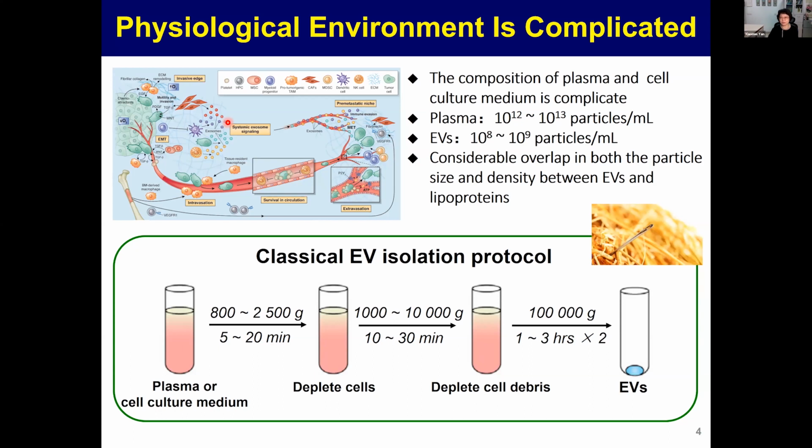And also there is a considerable overlap between the EVs and the lipoproteins in both the size and the density. So normally people use ultracentrifugation to isolate the EVs for the downstream analysis.